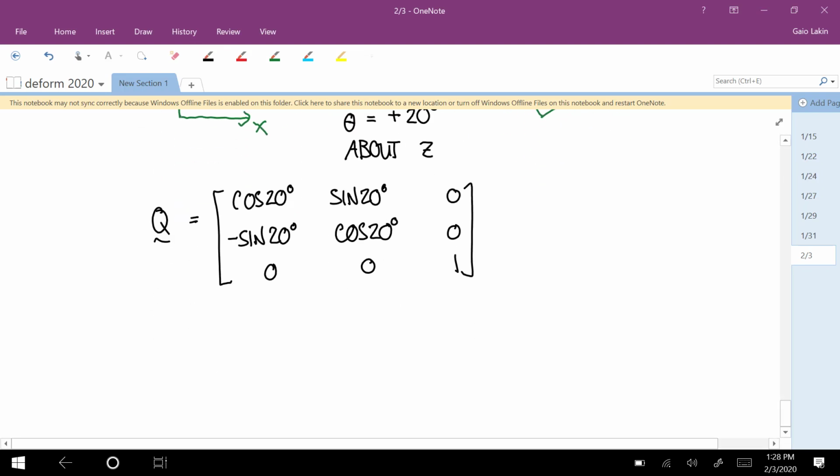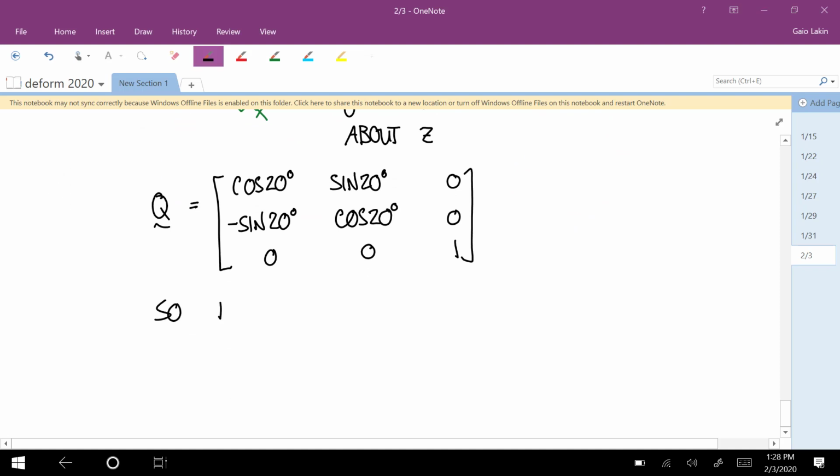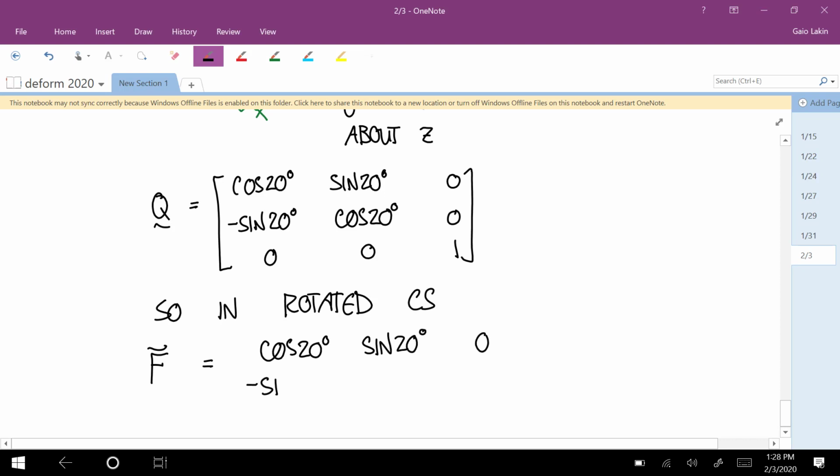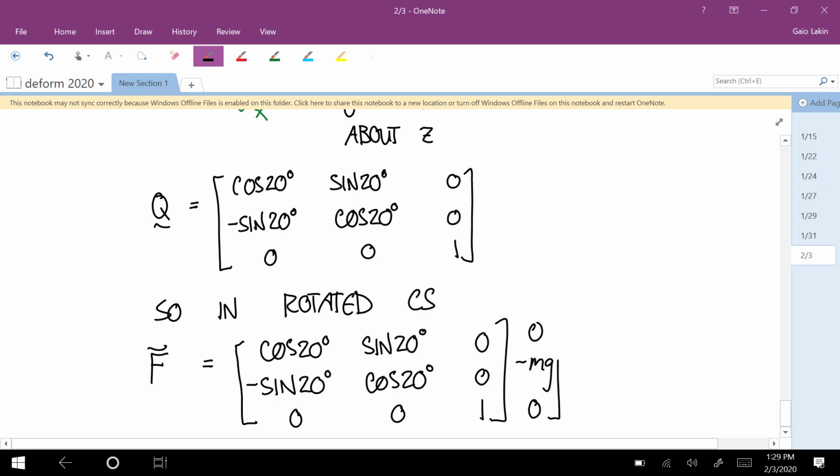Okay, and so in the rotated coordinate system, that weight force is cosine of 20, sine of 20, 0, negative sine of 20, cosine of 20, 0, 0, 0, 1, times our original vector, 0, negative mg, 0.